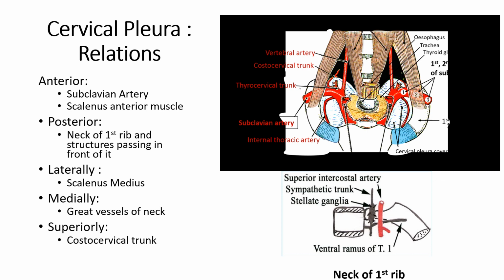On the lateral aspect, just behind the scalenus anterior muscle, it is related to the scalenus medius muscle, and medially it is related to the great vessels of the neck, that is carotids and the subclavians.